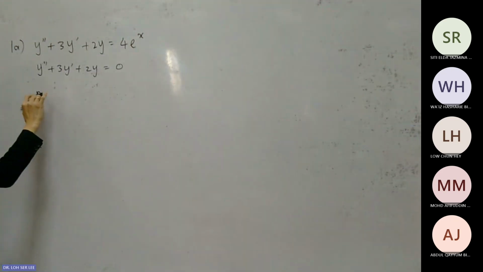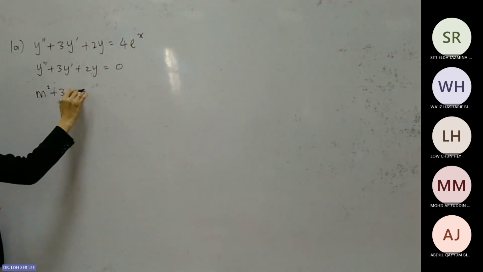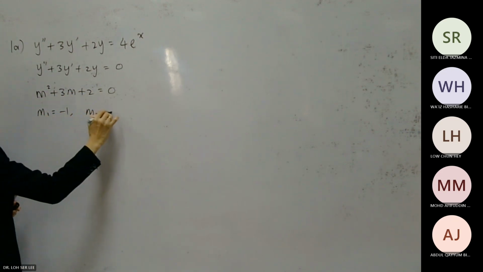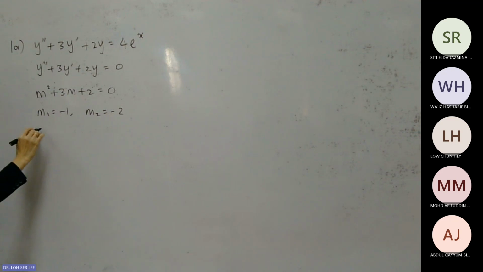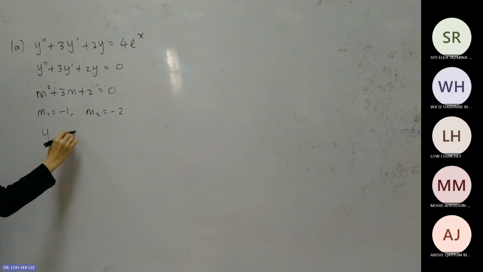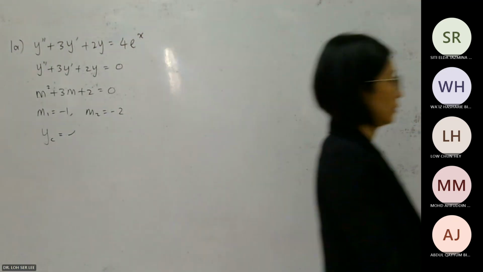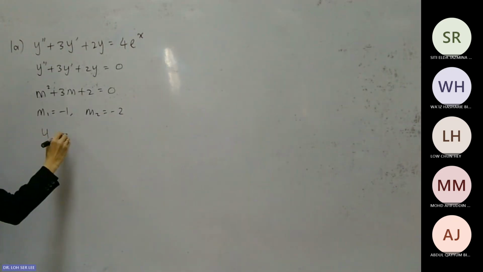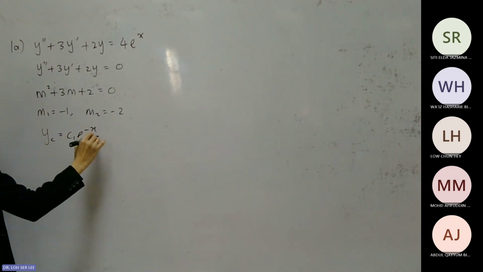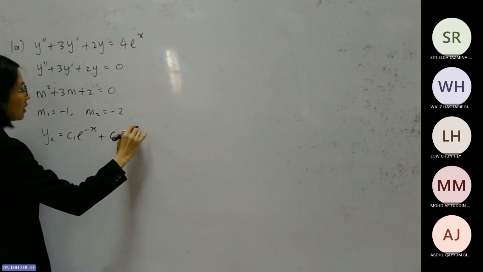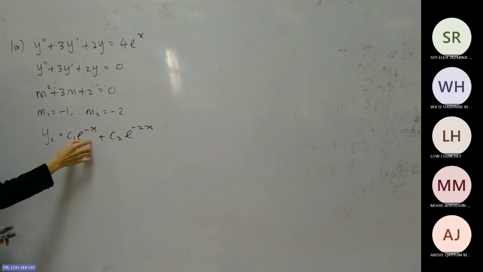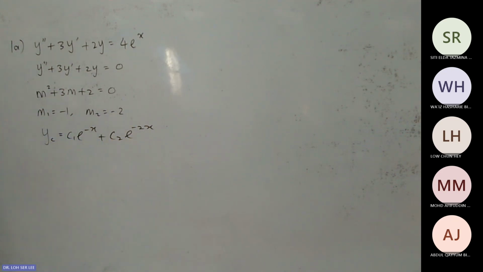Negative 1, negative 2. So your yc will be c1 e^(-x) plus c2 e^(-2x). So this is your y1, this is your y2.